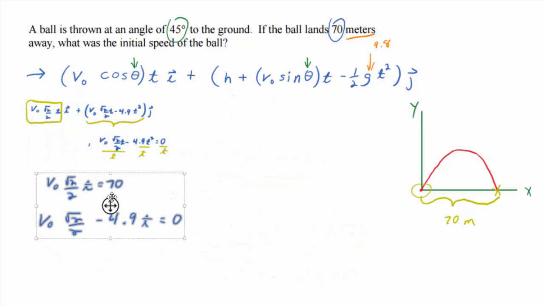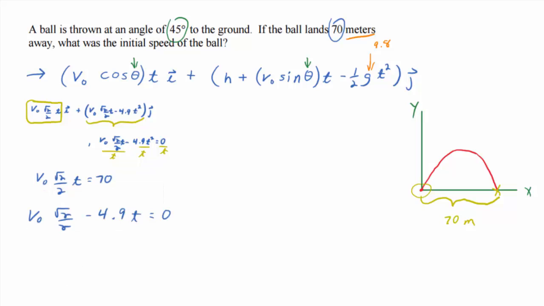So what's the best way to solve that system? I'll let you try it different ways, but remember I want v naught. So if I solve for t in the second equation in terms of v naught and then plug into the top equation, I think that'll get me where I want to go. So 4.9 t equals v naught radical 2 over 2.